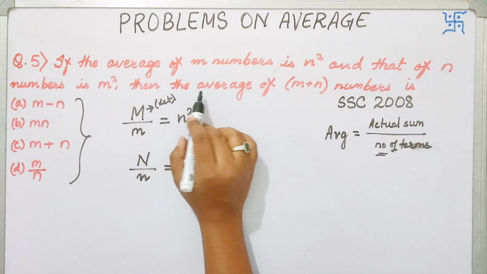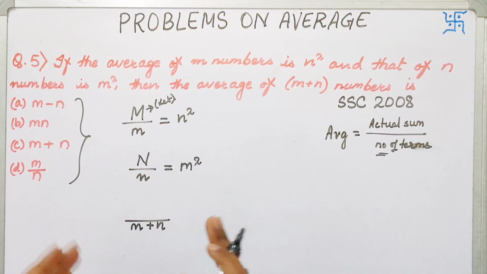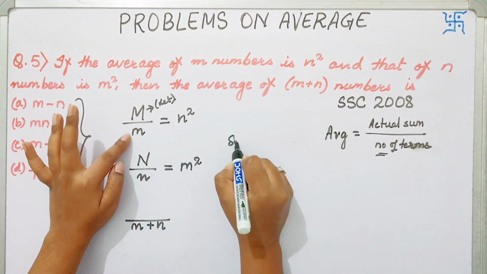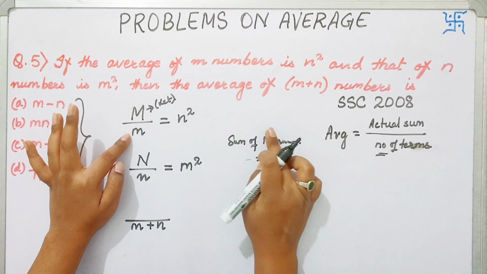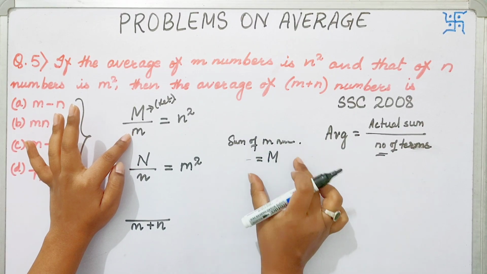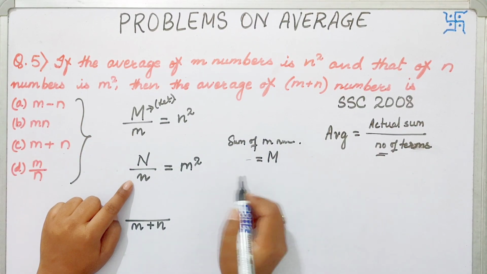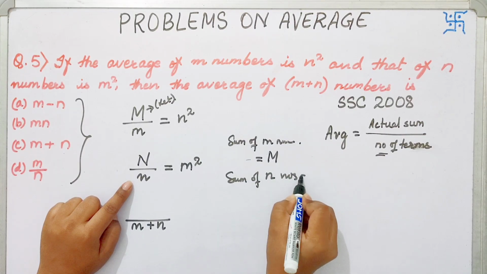Now, next, the average of m plus n numbers. Over here m plus n, both the numbers are being added. Now understand over here, sum of m numbers is m that we have assumed, and sum of n numbers is n.